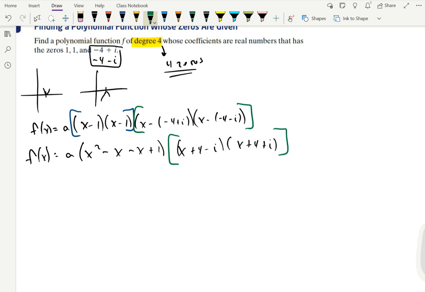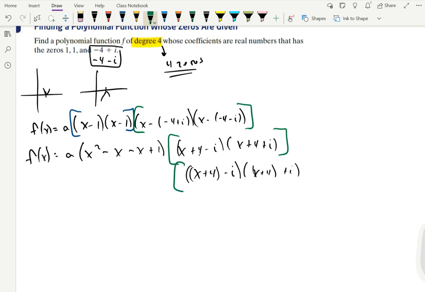So here's where the interesting piece comes in. Take a look at what's here in the green. I have an x plus 4 and another x plus 4. So I can say this is x plus 4 grouped together minus i, and then x plus 4 grouped together plus i.